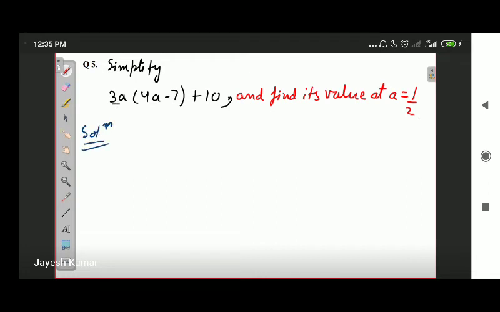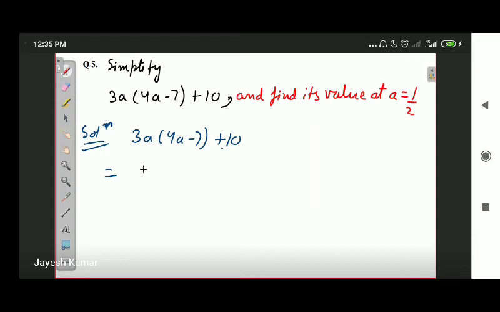First of all, 3a into (4a minus 7). First of all we will do the multiplication part. So 3a(4a minus 7) plus 10. The plus 10 is not being multiplied by 3a. 3a here is only being multiplied by 4a and minus 7.